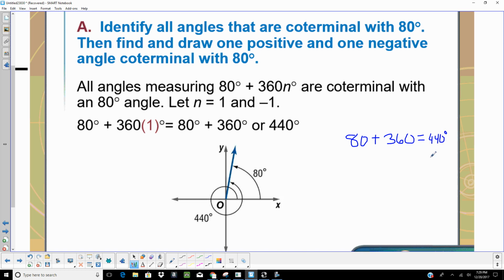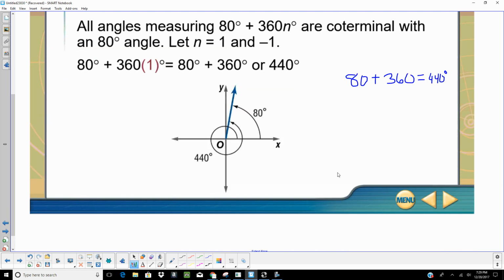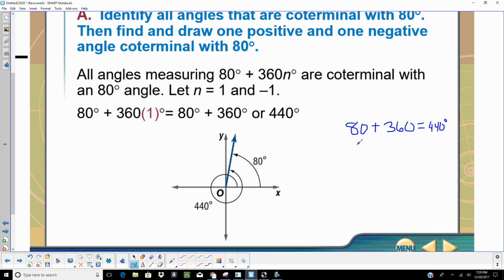And then I want that negative 1 as well, which isn't on here. 80 minus 360. Whoops, forgot my 6 there. I'm going to give myself a C on handwriting on that. Sorry about that. So 80 minus 360 is going to be negative 280.